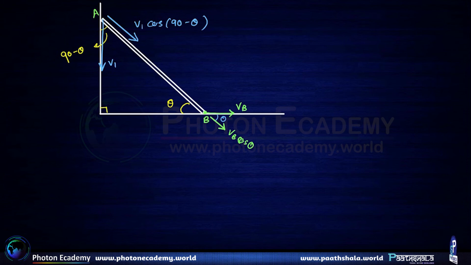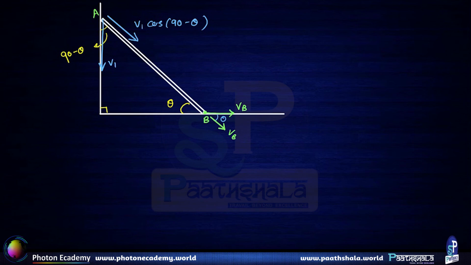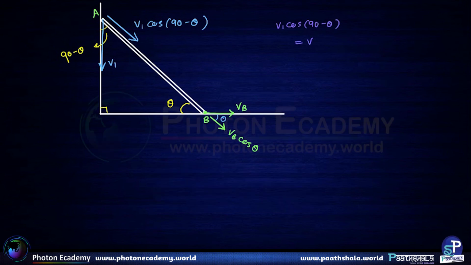Along the rod, both ends necessarily have to have the same velocity along the length of the rod. So along the length of the rod we may write V1 cos of 90 minus theta equal to Vb cos theta.